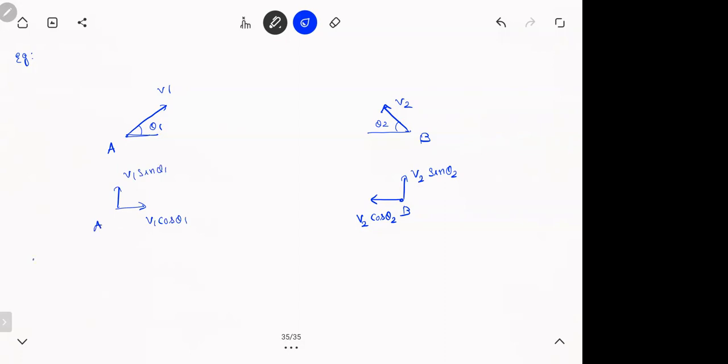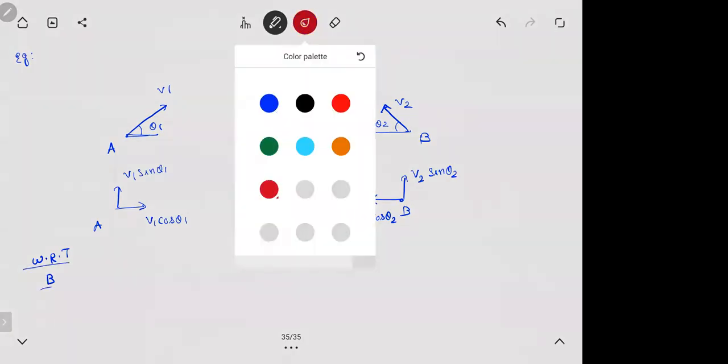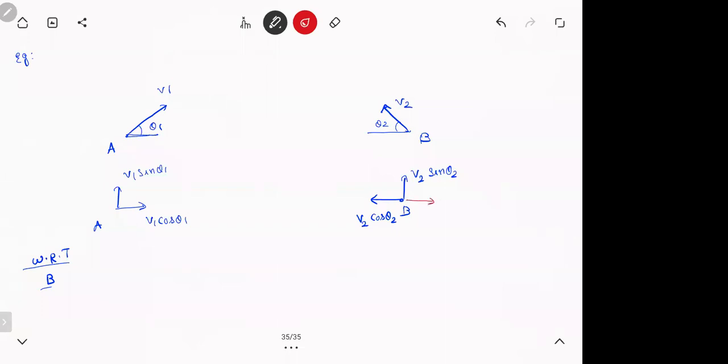Then you want to stop B. So with respect to B or A, we can do anything. Let me do B. I can take A also. There's nothing wrong. Then what you do? You subtract B's velocity from everyone, including itself. Then what will happen? B will come to rest. B will think, okay, I am at rest. I am not moving.